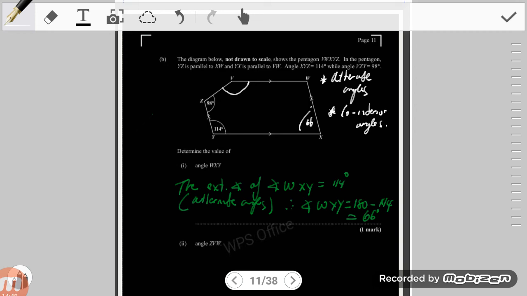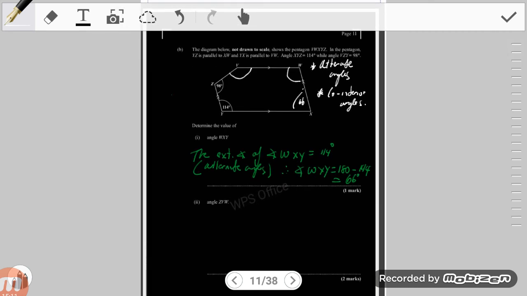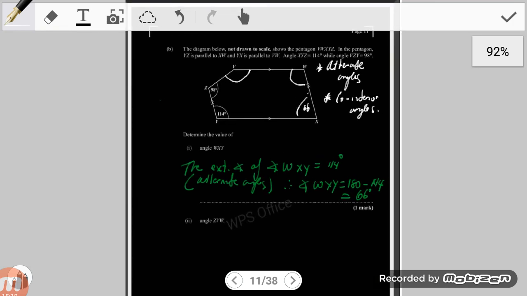I'm saying here again that VW or WV and YX are parallel lines, so therefore the angle here is also equal to 114. Alright? Because we're using the same principle as we did with YZ and XW.